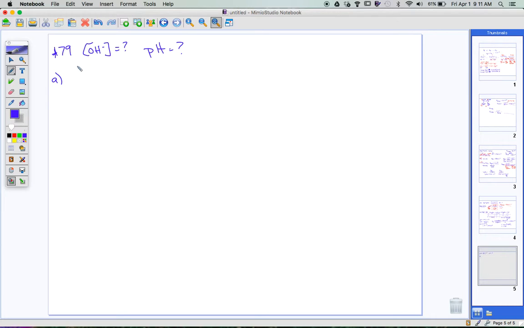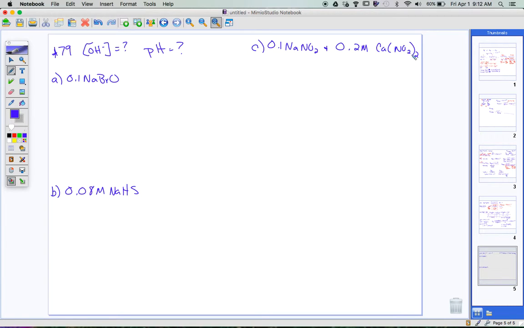So A, it wants you to find it of 0.1 NaBrO, and B is 0.08 molar NaHS. And then C, which I'm sure we'll have to do on another page, is a mixture of 0.1 molar NaNO2 and 0.2 molar CaNO2.